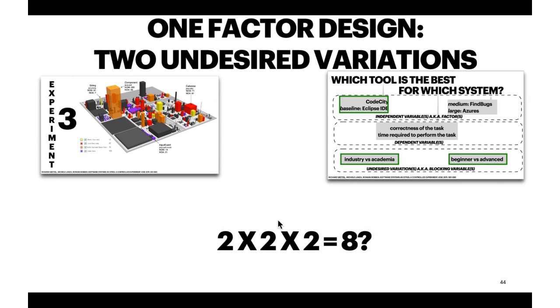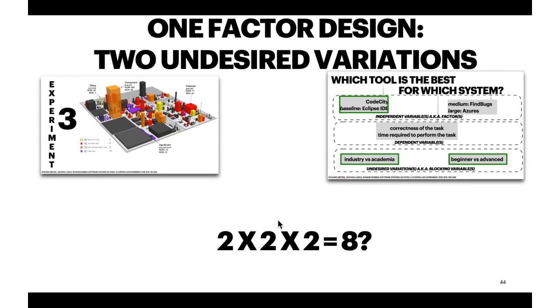So if we are moving to a more complicated scenario, when we have 2 undesired variations, then we ultimately might need to consider all possible combinations. So industry and advanced and CodeCity, or academia and beginner and Eclipse. So this is essentially what is going to be called full factorial design. And as you can imagine, this kind of design becomes prohibitive quite rapidly.